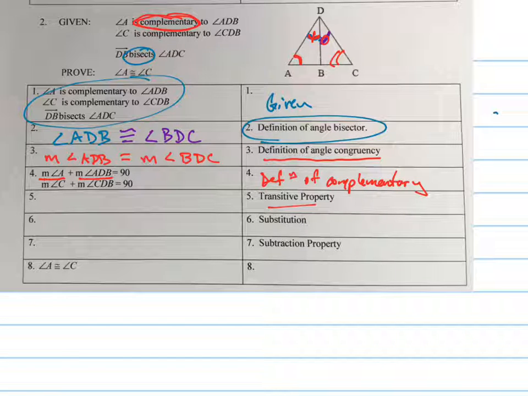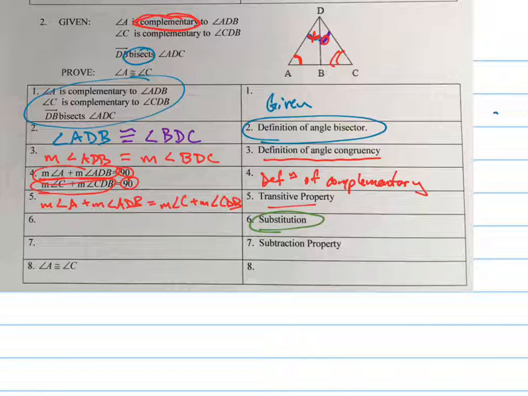So what I'm going to say is that the measure of angle A plus the measure of angle ADB, since that's equal to 90 and this is equal to 90, these two are equal to each other. That's equal to the measure of angle C plus the measure of angle CDB. That's the transitive property.